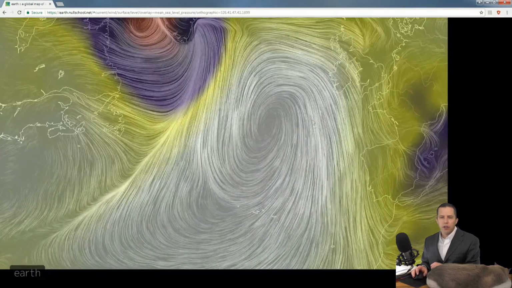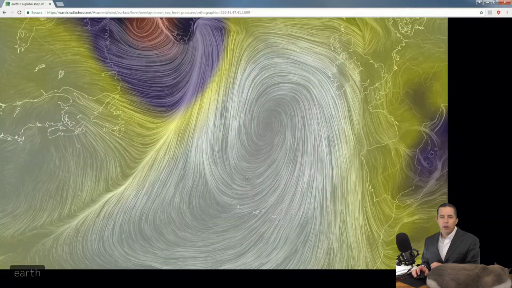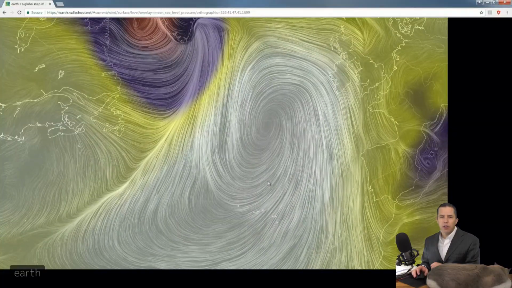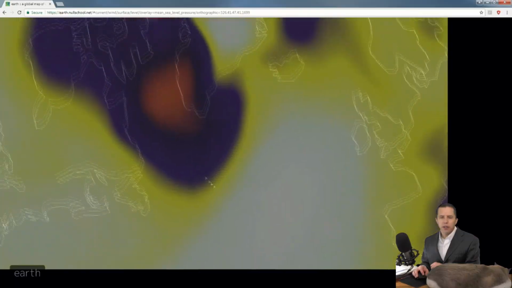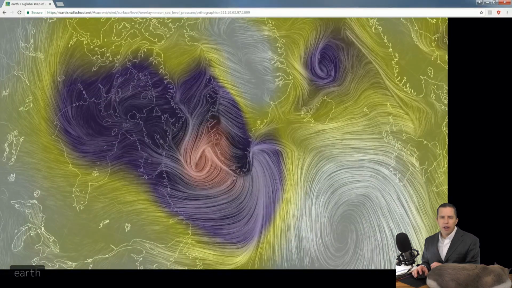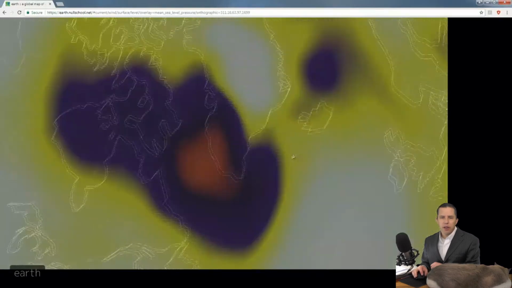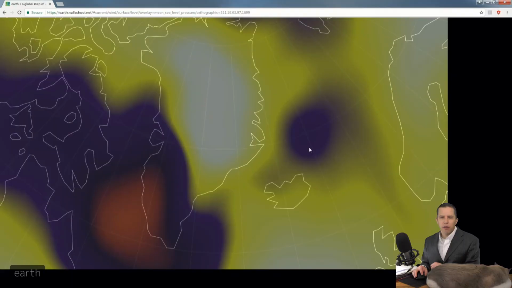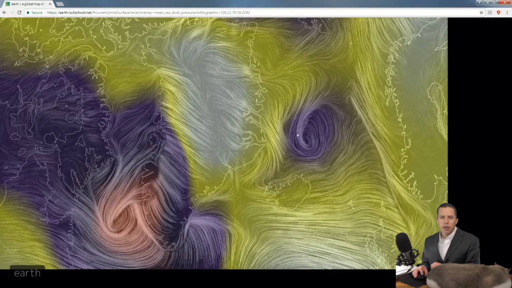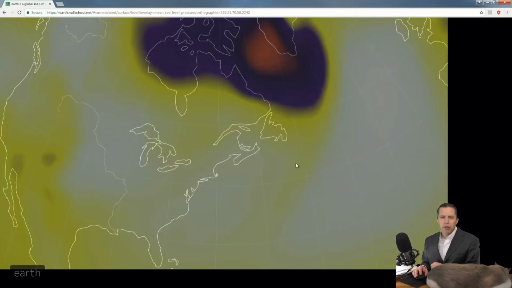The winds are spinning around in a circle, and they're going clockwise. Now right next to it is this low pressure blob, and notice that the winds are spinning counterclockwise. Here's another little purple blob, another low pressure, winds spinning counterclockwise. That's the pattern that you'll notice here.